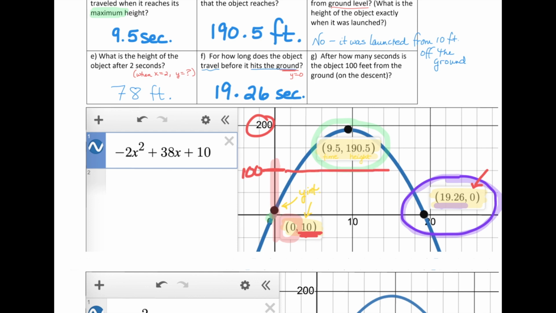And so you want to look across here, and it says on the descent, meaning as the object is coming down, you want to know how many seconds this is. You're looking specifically at this spot on the graph, 100 feet from the ground. You want to know what that x value is. And so what you want to do then is graph that line that I just drew, that horizontal line. You want to actually make Desmos graph that and find a specific answer.